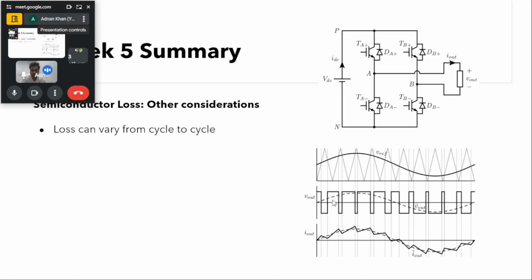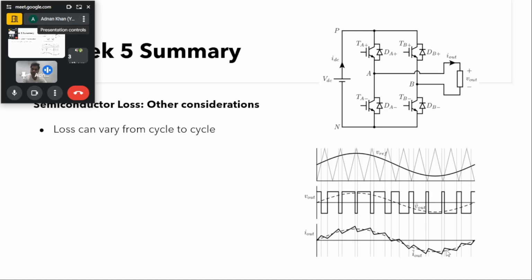V out will be plus VDC or minus VDC, and the current through the output will be sinusoidal. In a particular switching instant, the value of the current will be different at each switch. Sometimes it may be positive and keep rising, at a particular instant it may decrease, and in some interval it may be negative.